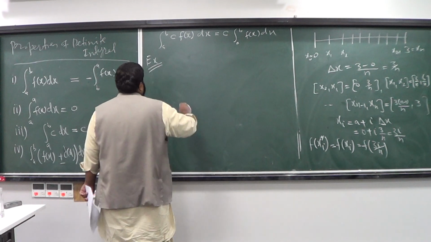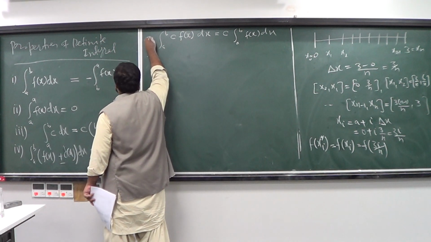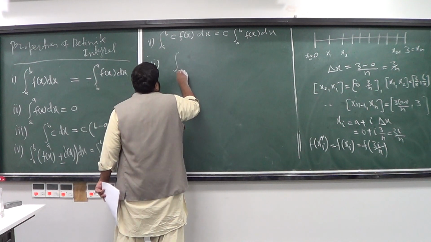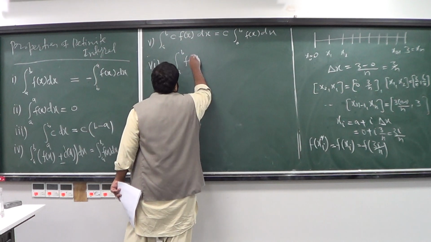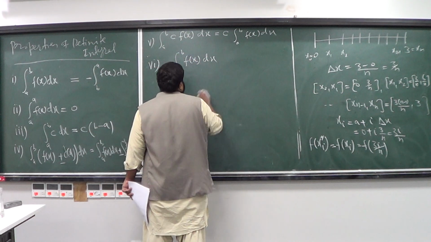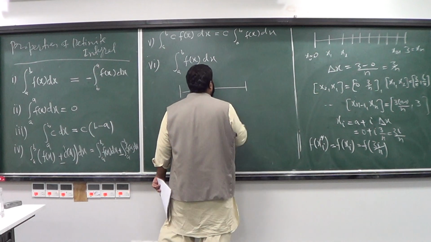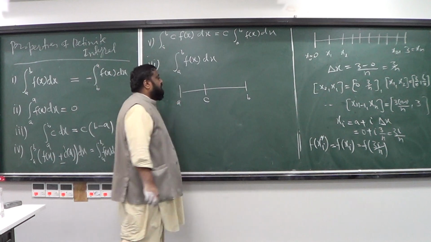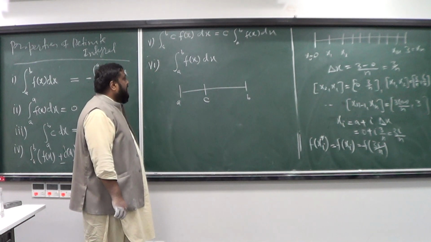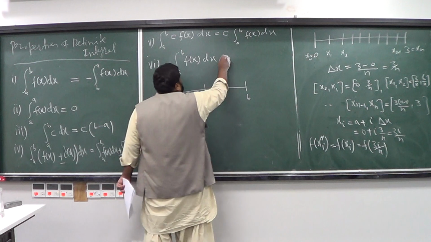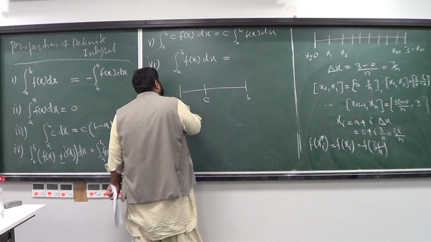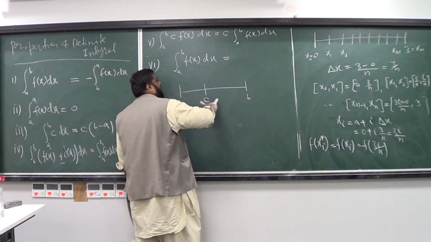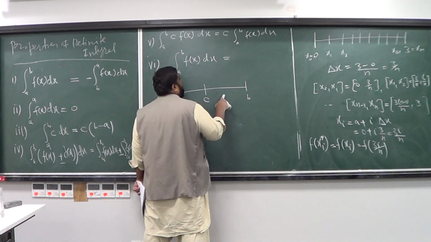This is property number 6: if you have an integral a to b f of x dx, so you have this interval a to b, and say there is a point c in between a to b, then integrating a to b is the same as integrating in the interval a to c and c to b and summing these two integrals.